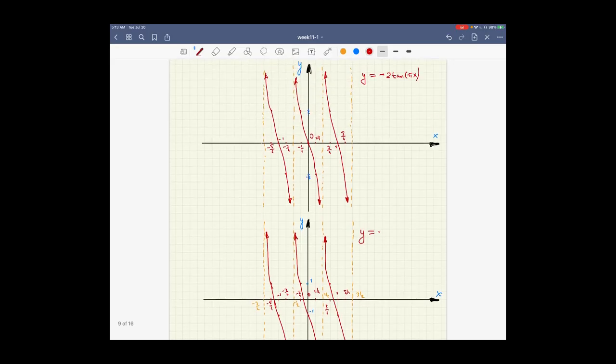That is the graph of -2 tangent pi x, and we can add pi if you want, -1.